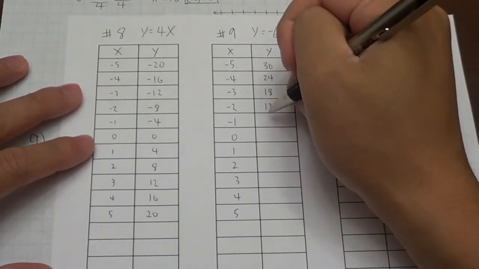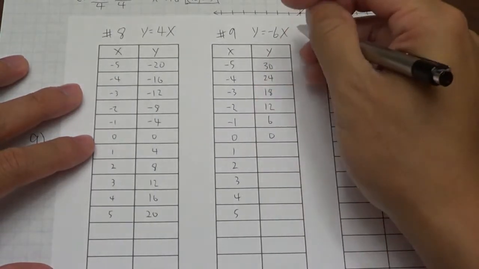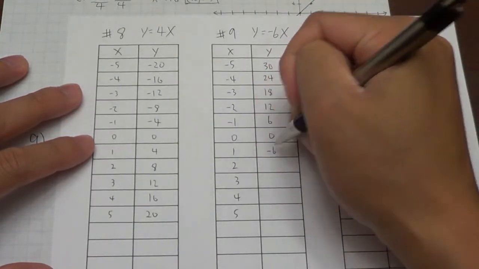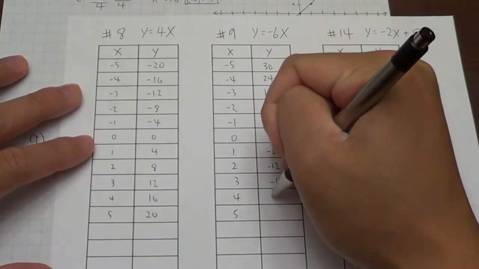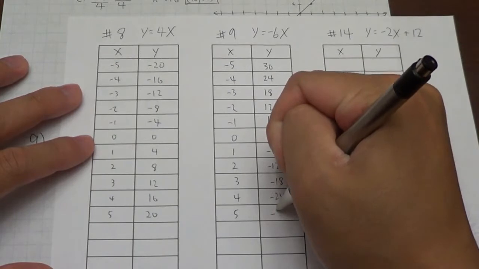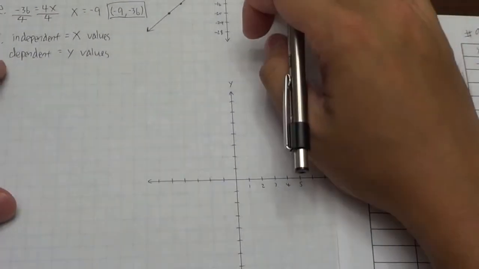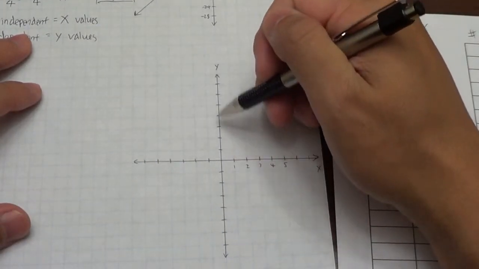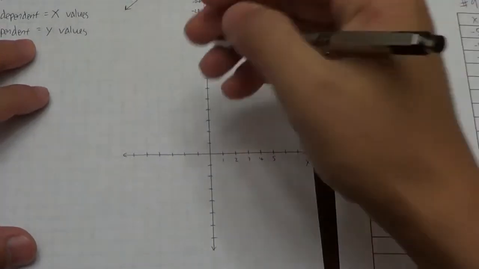I'm just going to go a little faster. Once we get to a positive number multiplied by a negative number, that gives me a negative number. Then negative 12, negative 18, negative 24, negative 30. Now, same thing as earlier: if we plotted it one at a time, we wouldn't have enough room for the y-axis, so we would use a scale.